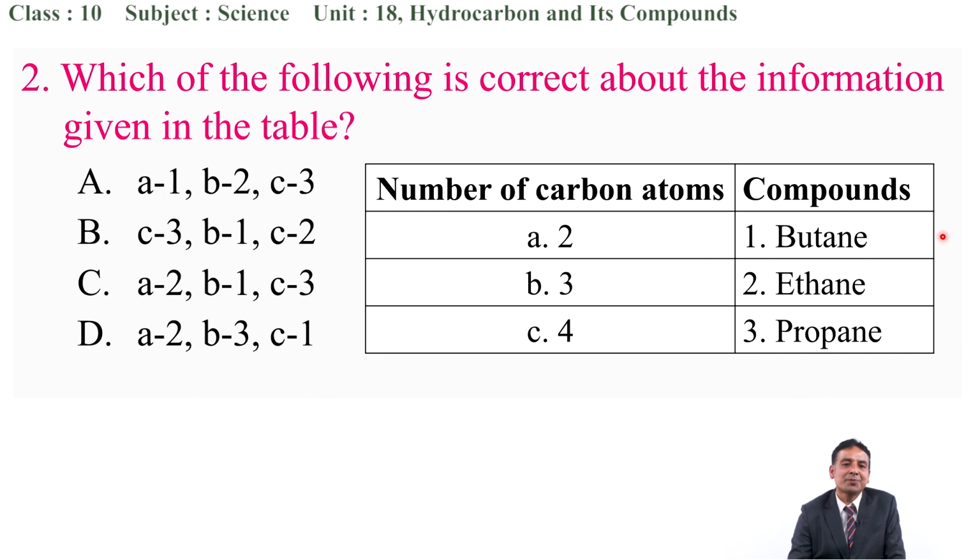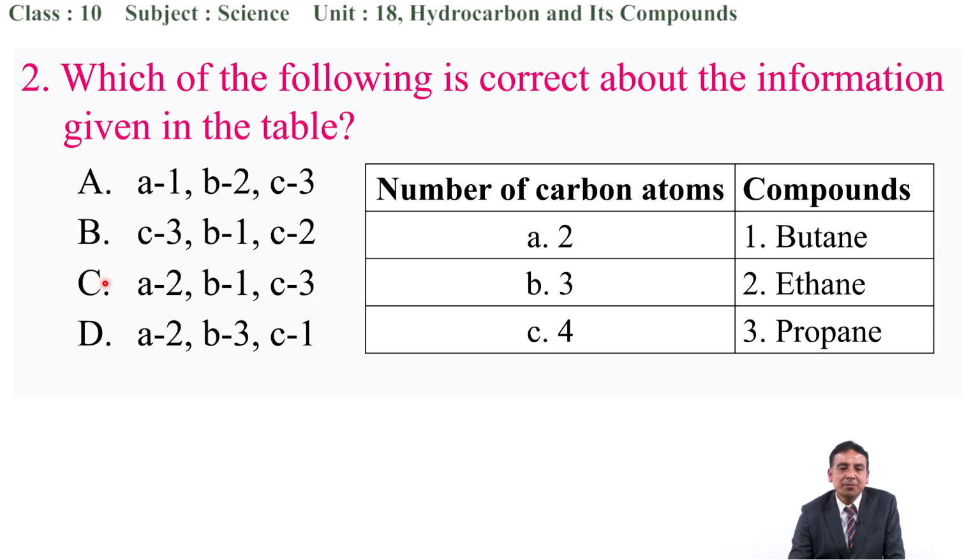So in the second option, you can find C3, that means 4 carbon atoms and propane. Is it the correct relation? Obviously not.